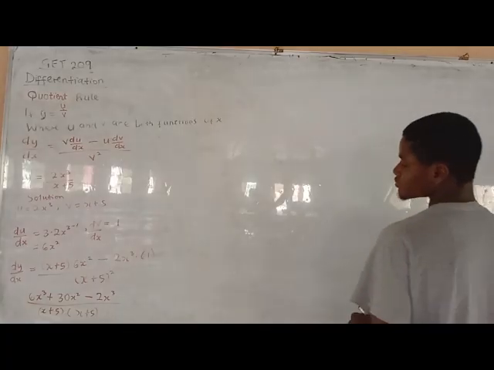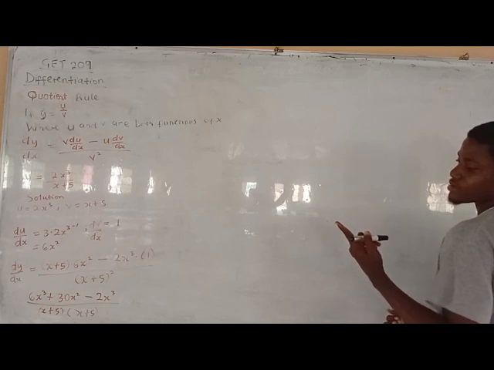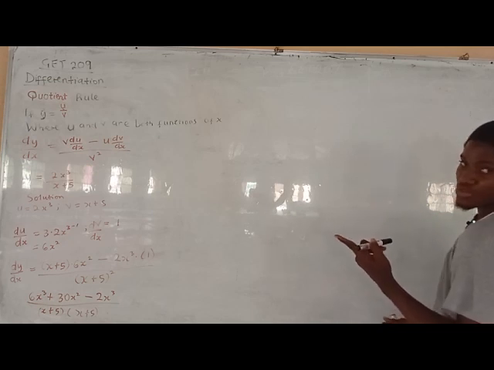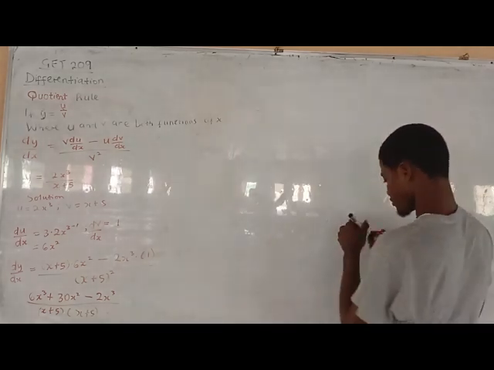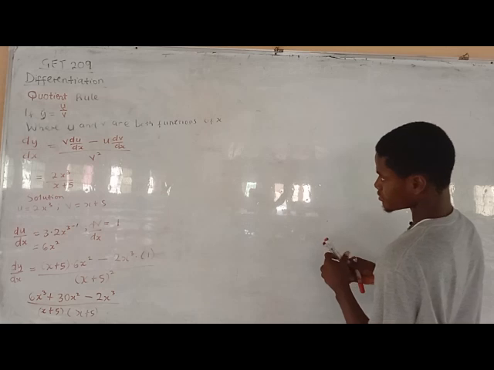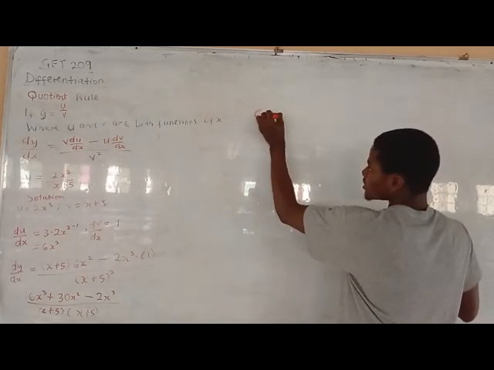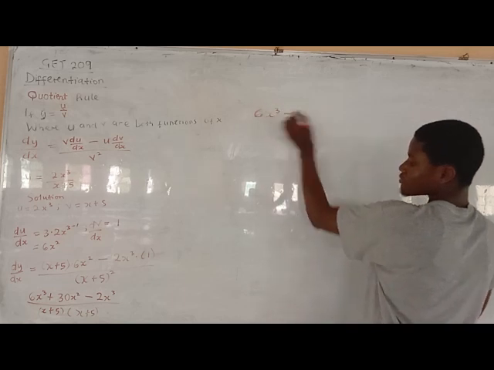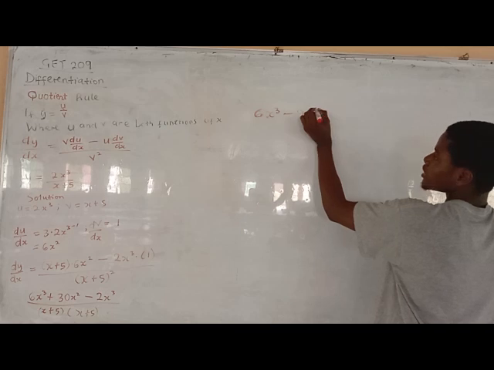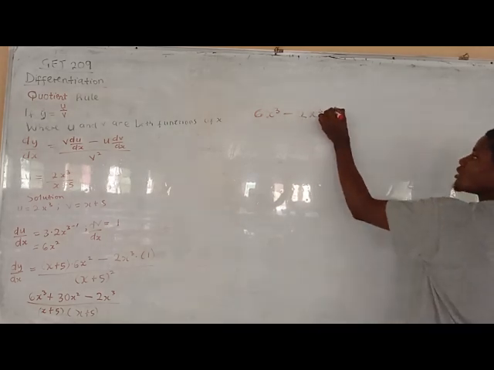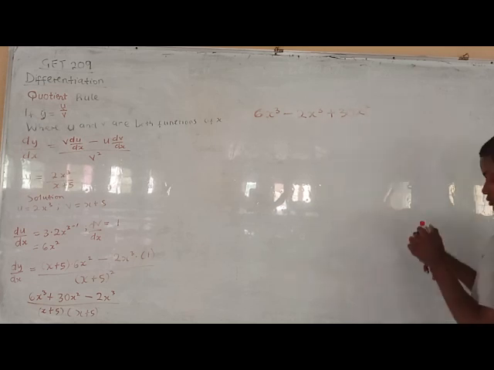So for this part now, we know that 6x cubed and 2x cubed have the same terms. So we collect like terms. We say 6x cubed minus 2x cubed plus 30x squared.